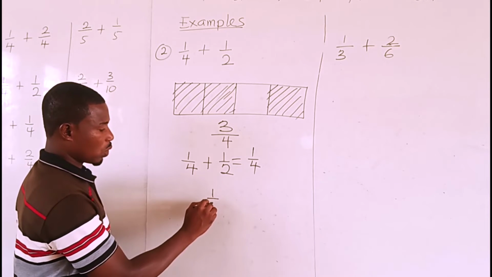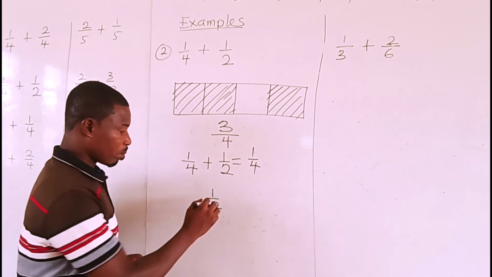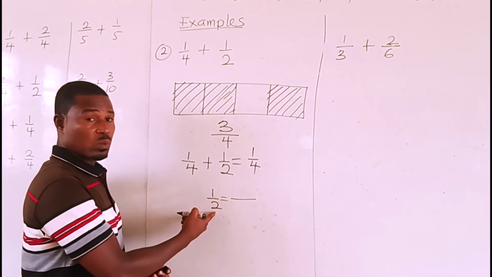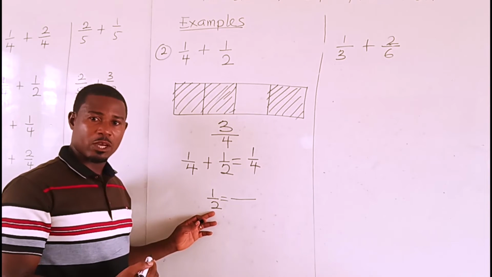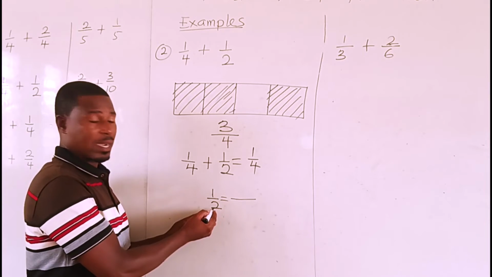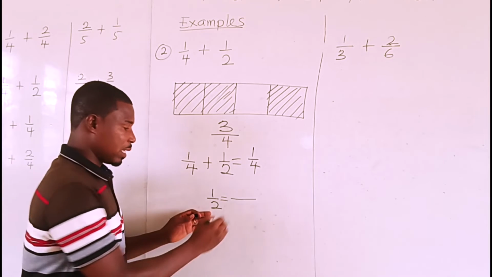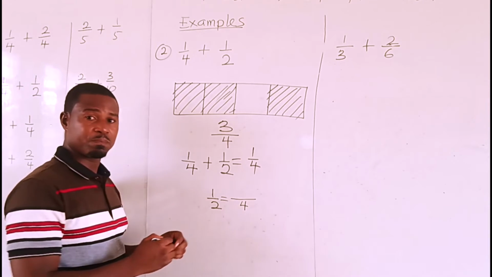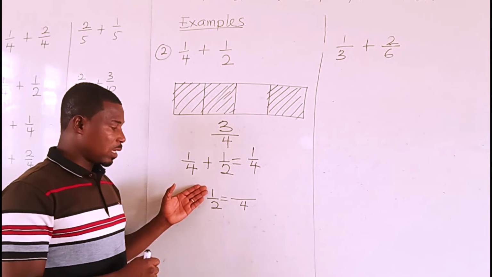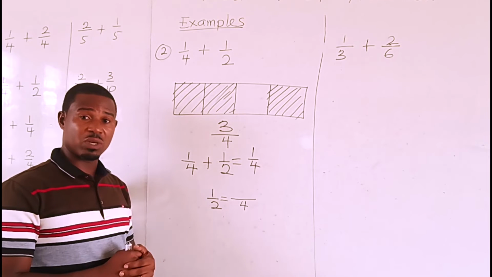Now, 1/2, if you want to move on, what can we do to 2 in order to get 4? The only thing is to multiply 2 by 2 in order to get 4. So we have 2 times 2 is equal to 4. Now what will be the numerator? Whatever we did to the denominator, we must do to the numerator.